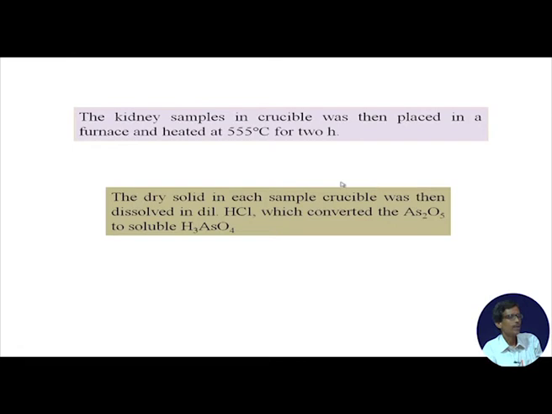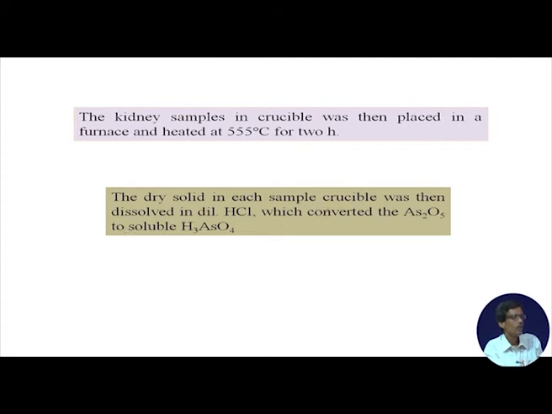So, what will we be getting? Arsenic in the pentavalent form. Pentavalent arsenic is forming due to this heating procedure. After heating the crucible for 2 hours, we are left with some amount of dry solid at the bottom of the crucible. What do we do?